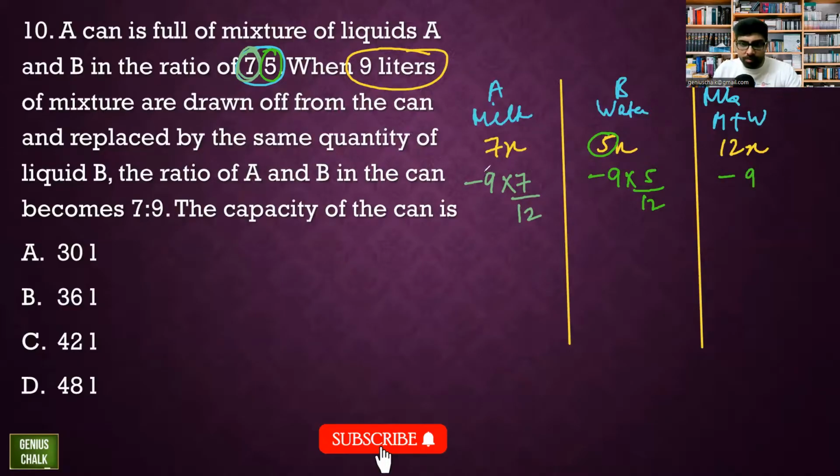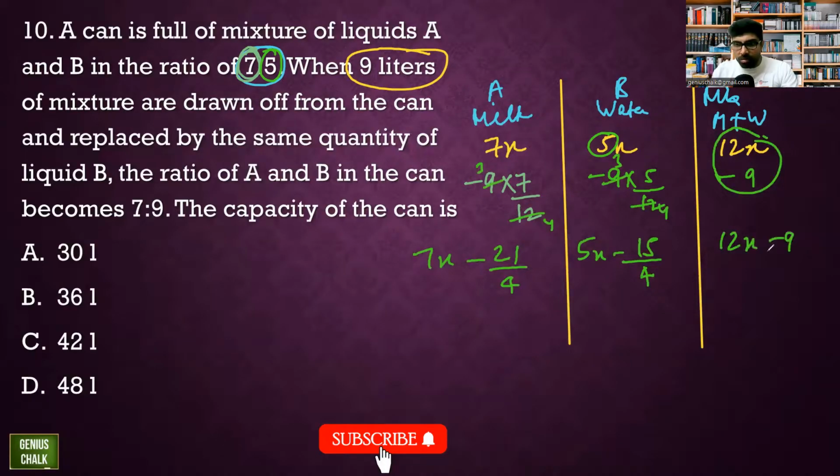So if you check, I will be left with 7x minus 21 by 4, right? And here 5x minus 15 by 4, and this is 12x minus 9, right?